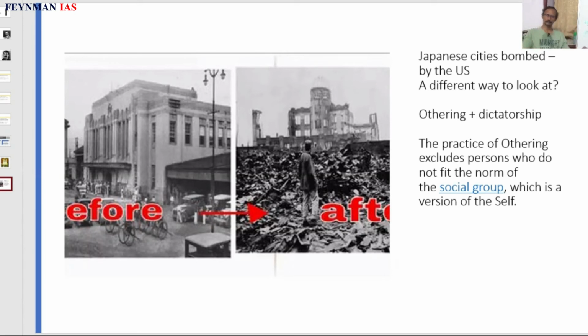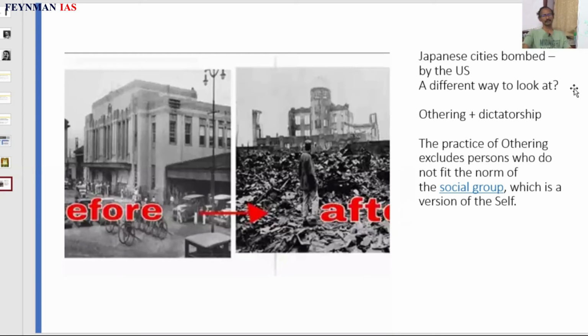How is Marxian communism related to sending millions of people to labor camps? How can there be a justification for so much violence in the name of communism? So Stalin's ideology has no justification, like anti-Semitism. So personal dictatorship plus othering would explain totalitarianism.